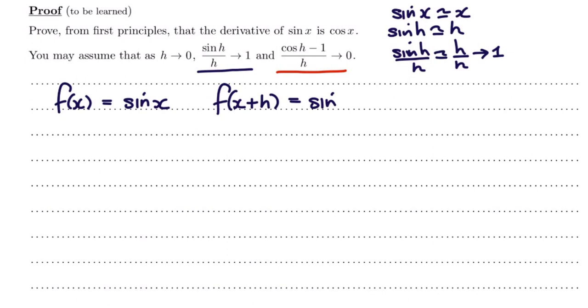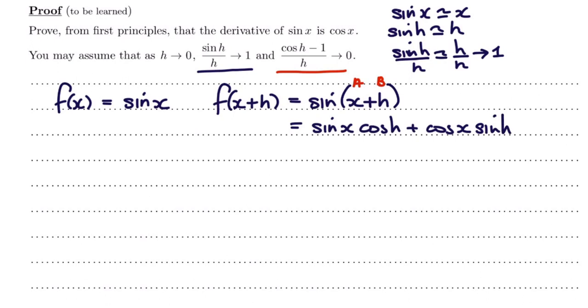So that's sine of x plus h. Now, we're going to use the addition rule for sine to expand that. So we get sine x cos h plus cos x sine h.